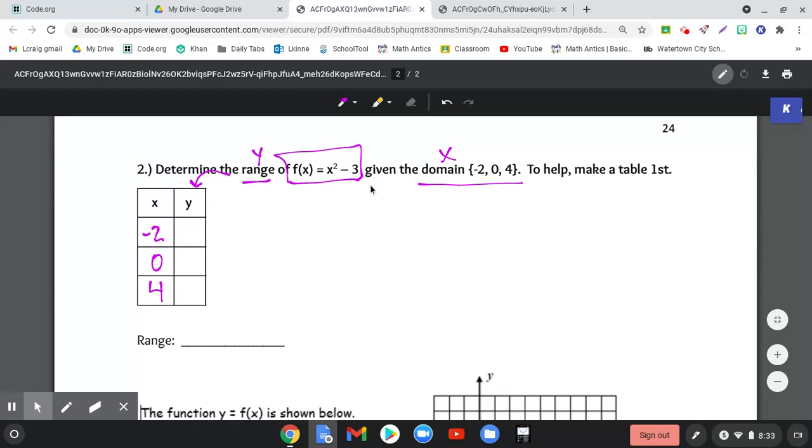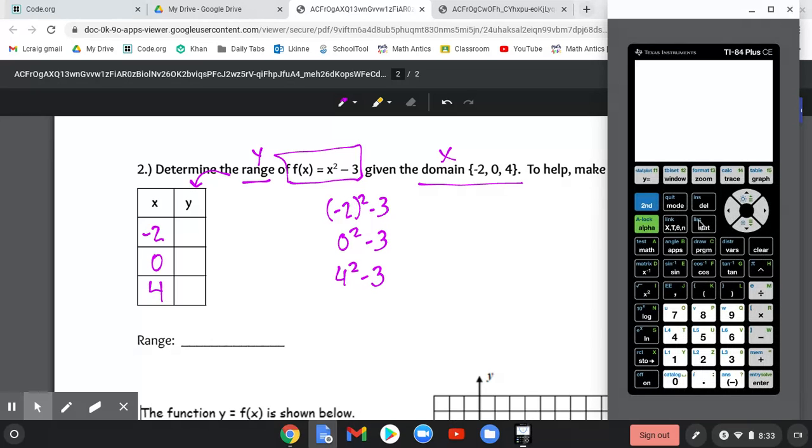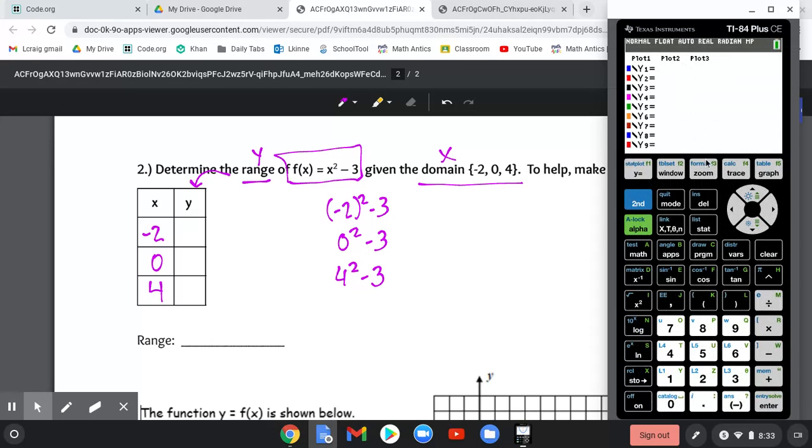And then you could plug in. So you could do -2 squared minus 3, 0 squared minus 3, 4 squared minus 3. The problem is if you make any kind of mistake with your signs, if you say this is -4, that would mean -7. It's not. Anything squared is positive. So rather than make those mistakes, we encourage you to use your calculator.